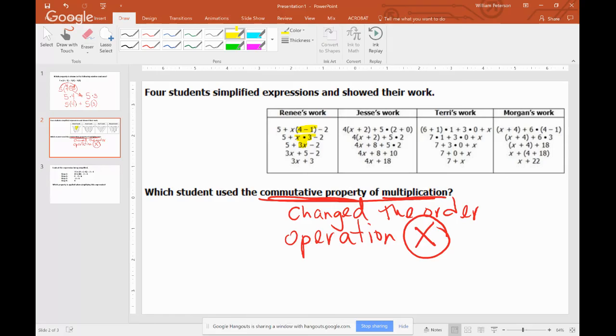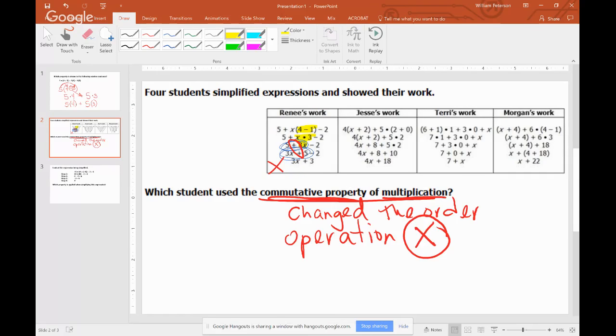Then she changed the order here, from 5 plus 3x to 3x plus 5. This would be the commutative property, but this is the commutative property of addition, because you see how we're revolving around the addition sign. And so here, it doesn't match up. That's commutative property of addition.